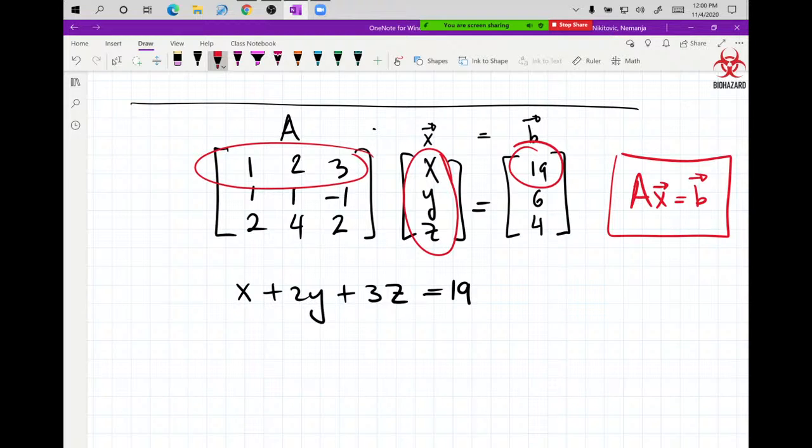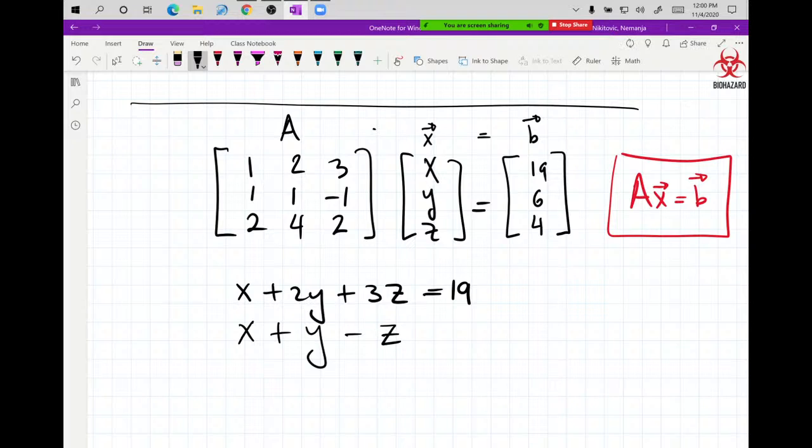So that gives you this equation. Then you multiply x, y, z again, so that's x plus y minus z equals 6. And finally 2x plus 4y minus 2z equals 4.